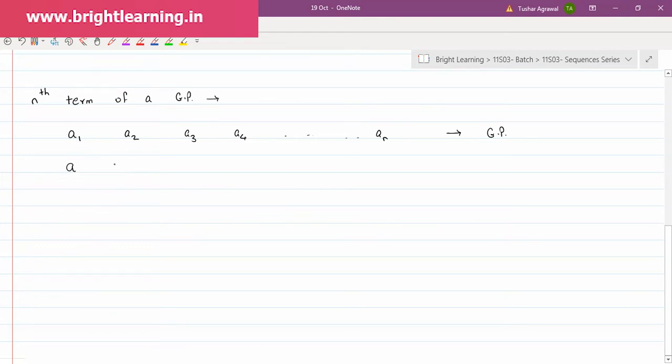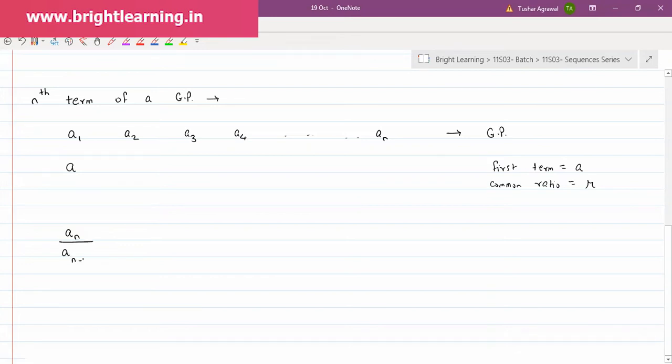So what do I know? First term is my A, and common ratio is equal to R. So the first formula that I have is, nth term upon its previous term.